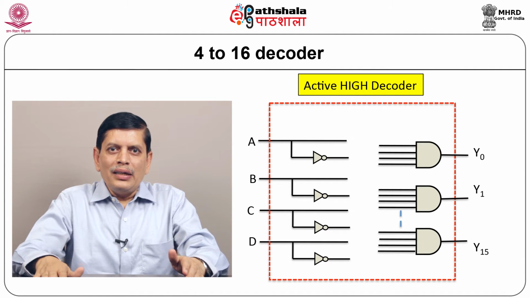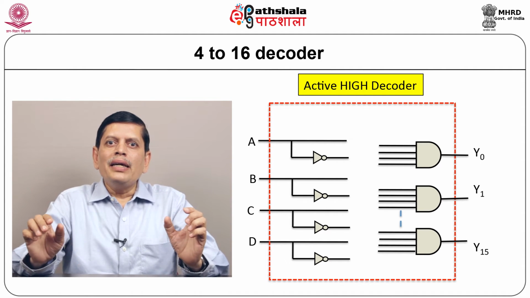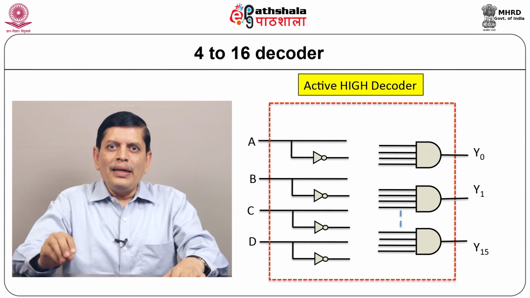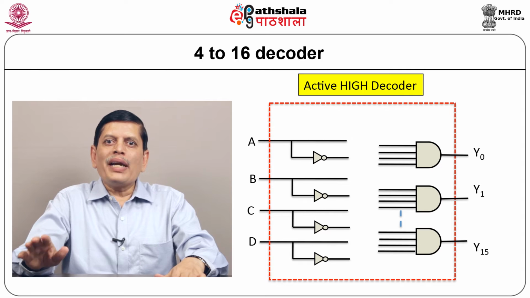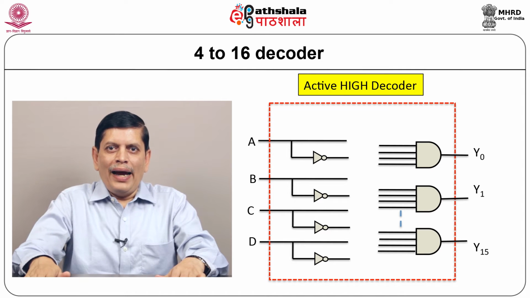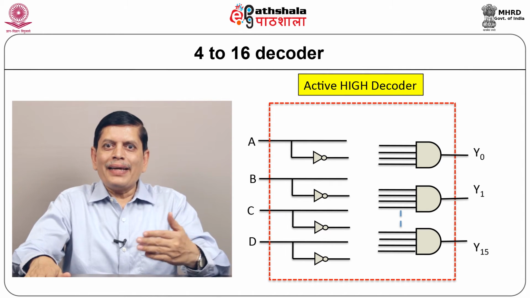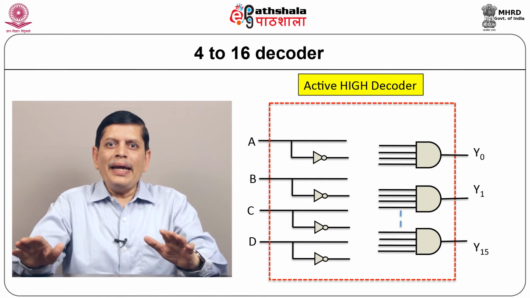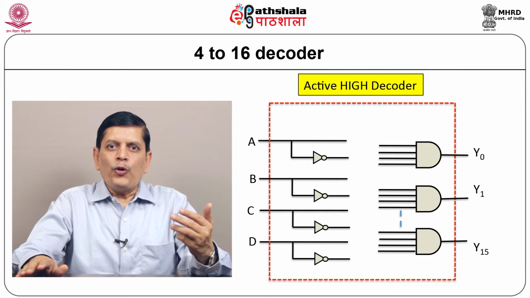In this decoder, we can have the active high or active low outputs. If we have to implement the active high outputs, we will require 10 AND gates and 4 NOT gates for designing, whereas for active low decoder we will require 10 NAND gates and 4 NOT gates.